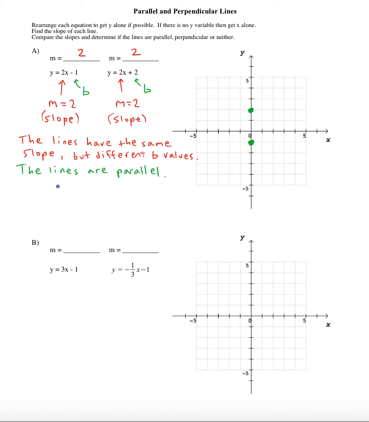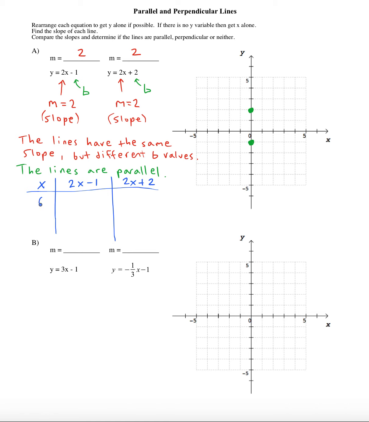Now let's make a quick table in order to graph these lines. We'll pick some different x's, and then we'll plug into their formulas to get the y's that correspond to that.